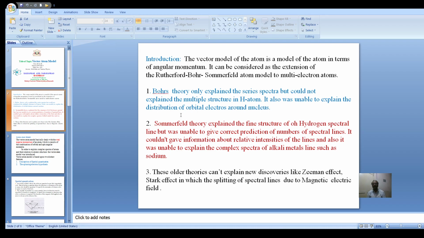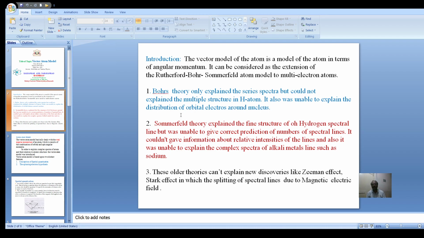So, in Bohr's theory, we know that there are three postulates. The first postulate tells us the centripetal force of electron in orbital motion is exactly equal to the electrostatic force of attraction between positively charged nucleus and negatively charged electron.